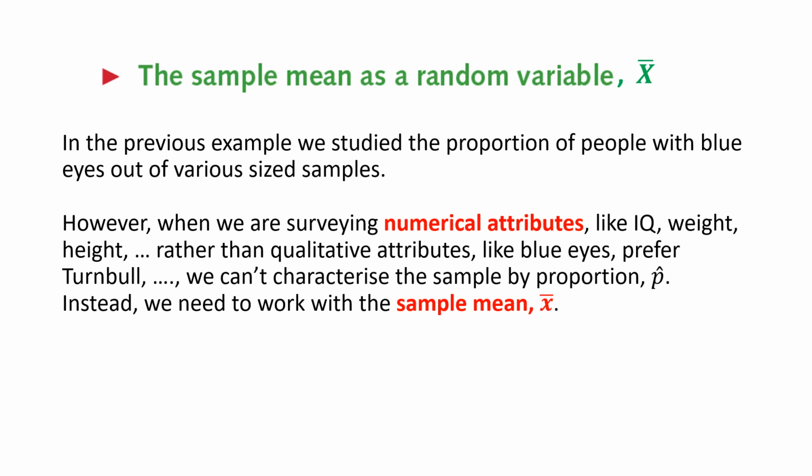Well, rather than look at sample proportions and the idea of categories or attributes such as preferred prime minister or has blue eyes, we're going to look at different data, ones with numerical attributes like IQ, weight, height, and what we're going to do is work out their centers using sample means rather than sample proportions. And that's effectively the difference between the statistics you do in Methods and the statistics you do in Specialist.